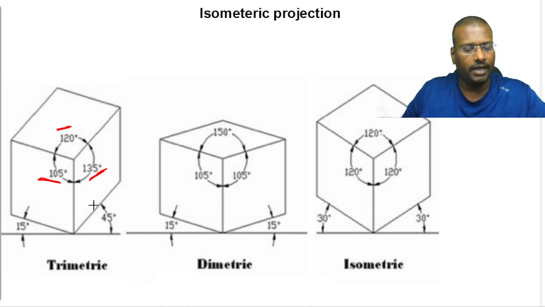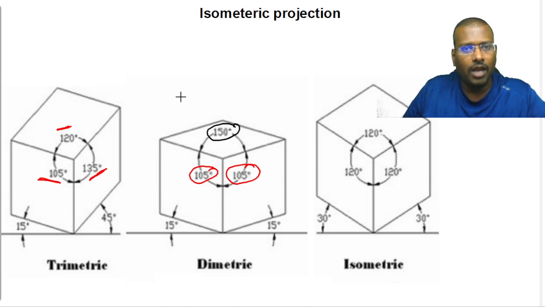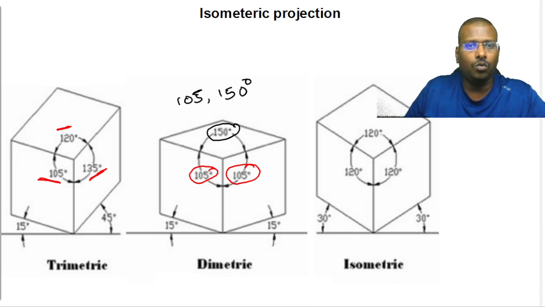These three are different, that's why it is called trimetric projection. In the second diagram, 105 and 105 are the same, and another one is 150. So 105 is one angle, another angle is 150. Therefore, two measurements are there, that's why it is called dimetric.